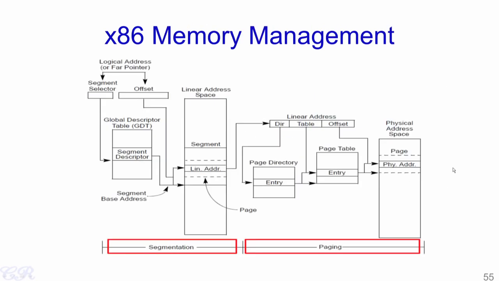To get a full view of memory management in xv6, we had seen this particular diagram, and in particular we had seen about the segmentation unit, which is this part over here, followed by the paging unit.